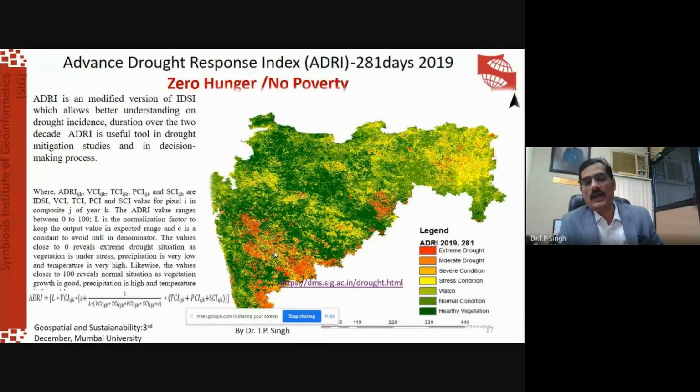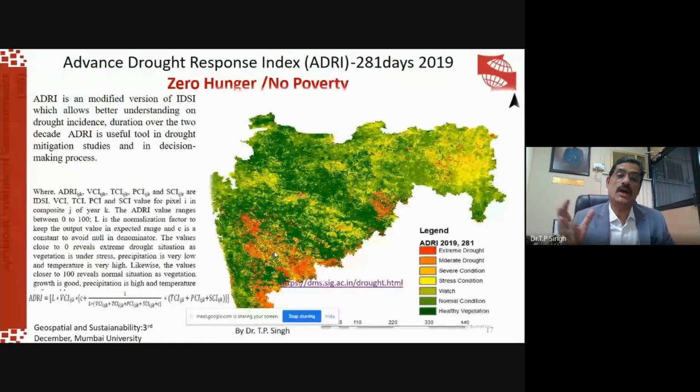A lot of data are available, like MODIS from NASA. For the precipitation condition index, several satellites like SRTM, TRMM and GPM provide information about how much rainfall is occurring in a particular area.